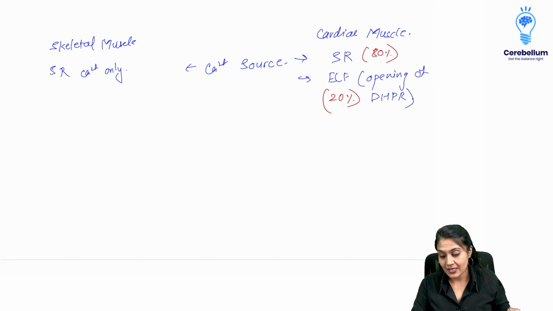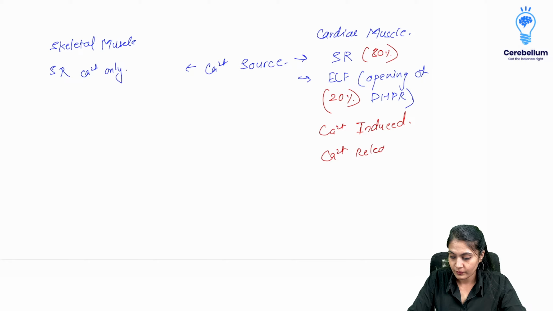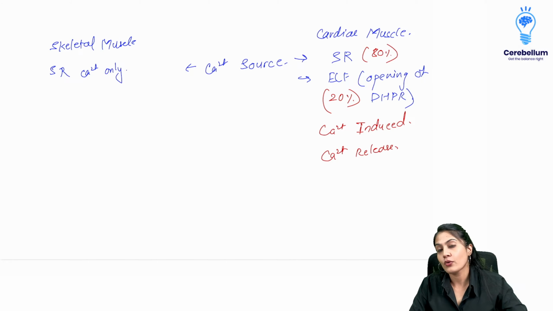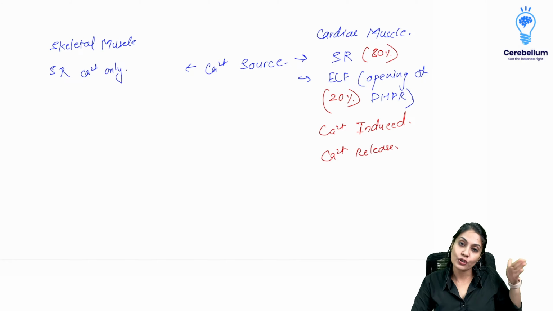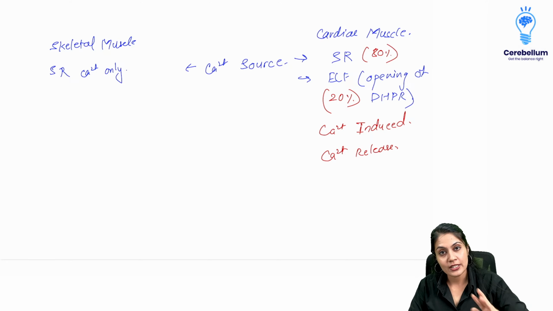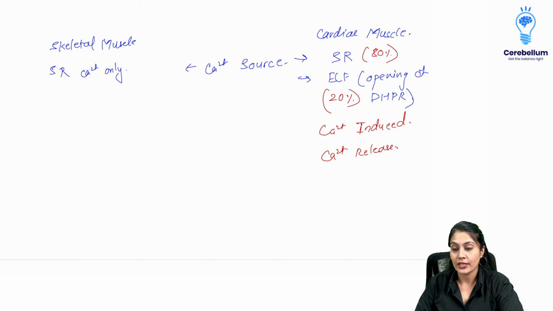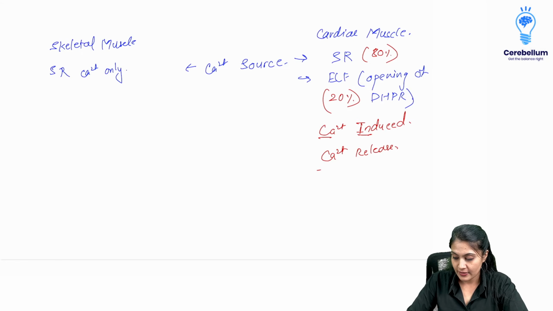Why? Because this will lead to calcium induced calcium release. The calcium will be released from the RYR only if the calcium has entered from the ECF, and that is inducing the opening of the RYR. So that is known as CICR.